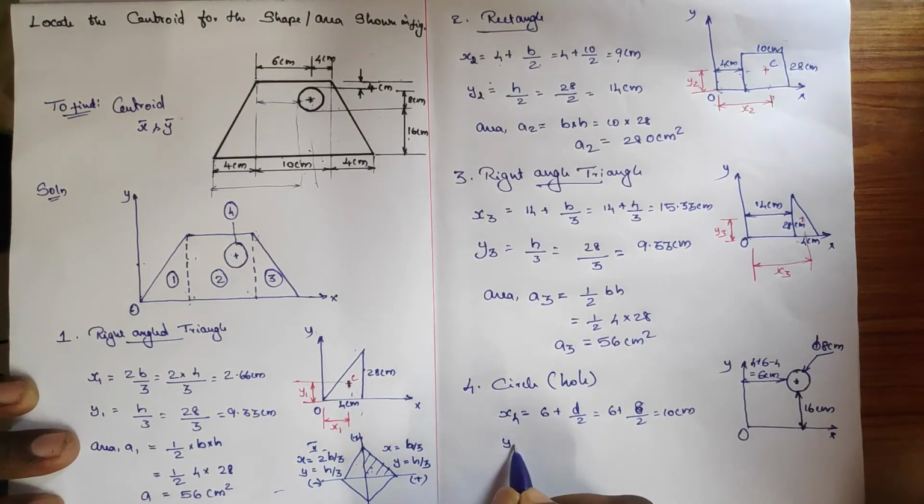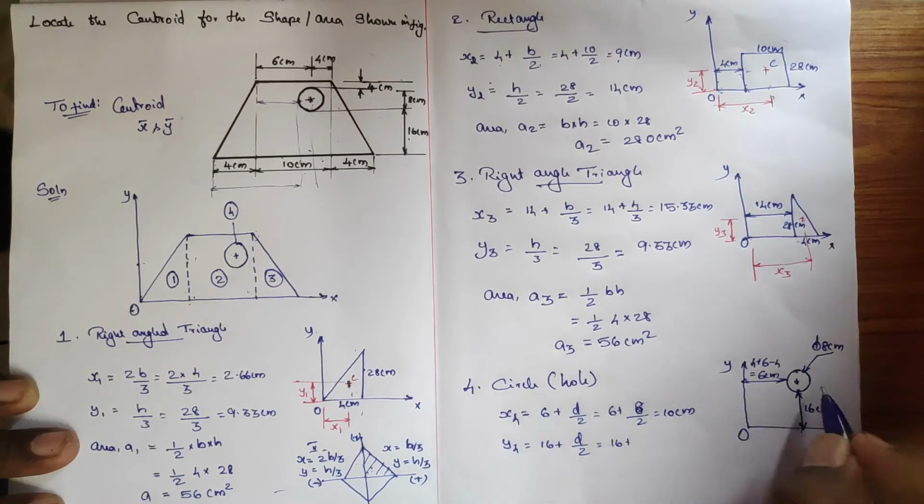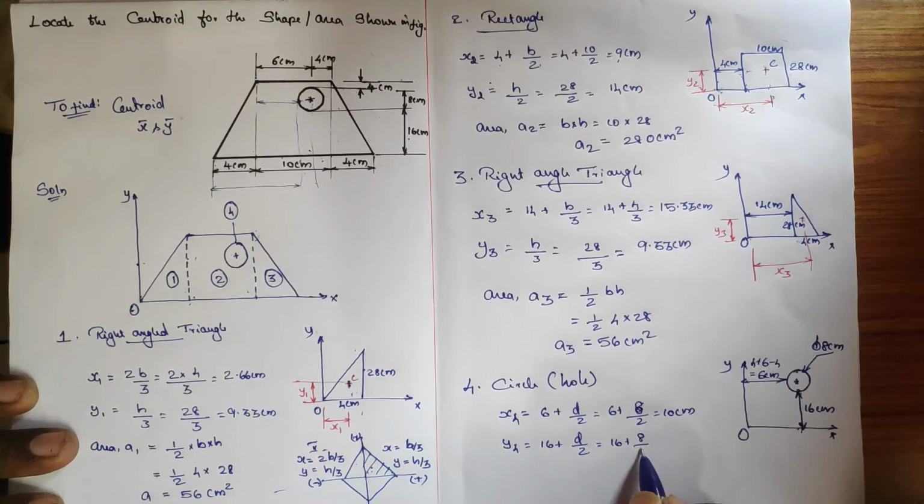For Y4, measure the gap from OX, just 16 plus d divided by 2, the same formula. So 16 plus d, which is 8, divided by 2. So here I will get 20 centimeter. And what about the area?